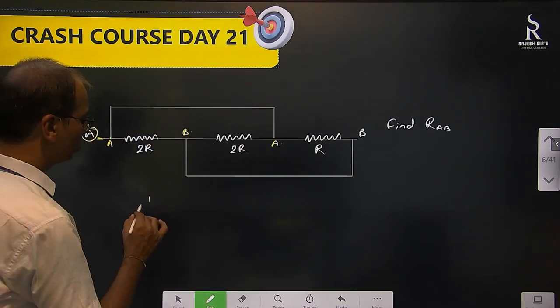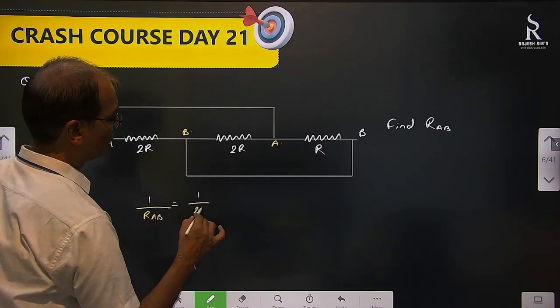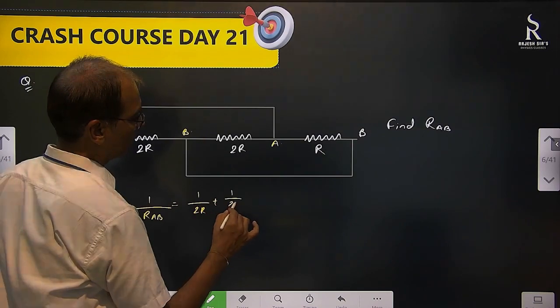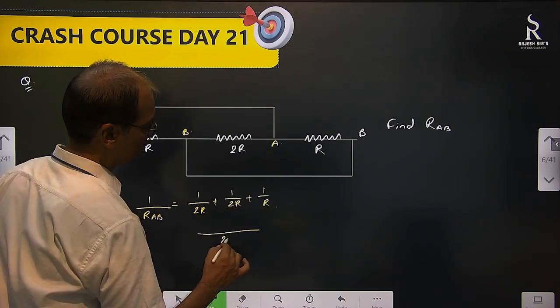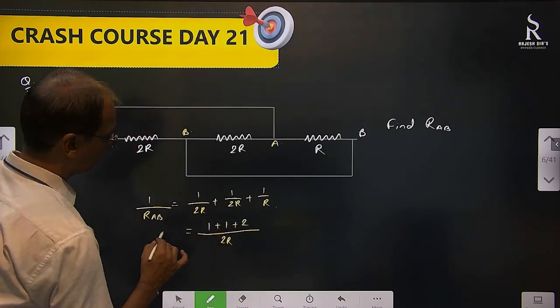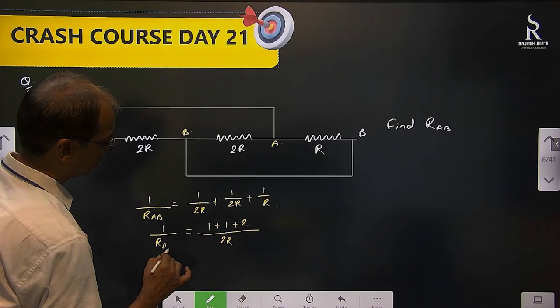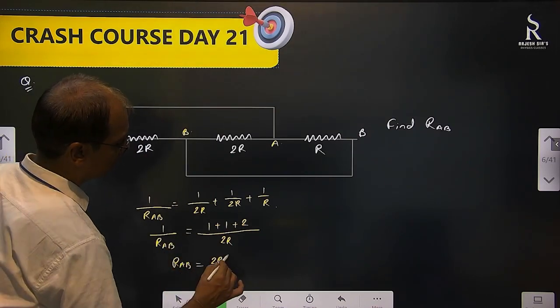So if that is so, then we can write 1 by RAB equal to 1 by 2R plus 1 by 2R plus 1 by R. LCM 2R, 1 plus 1 plus 2 equal to 1 by RAB. So RAB equal to what? 2R by 5.